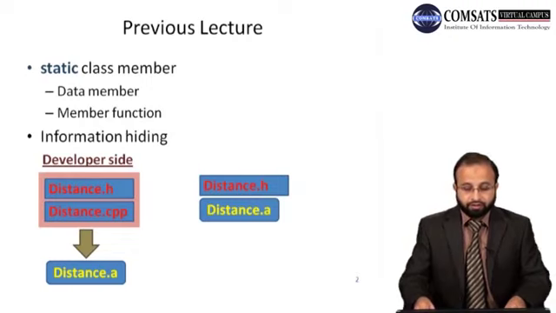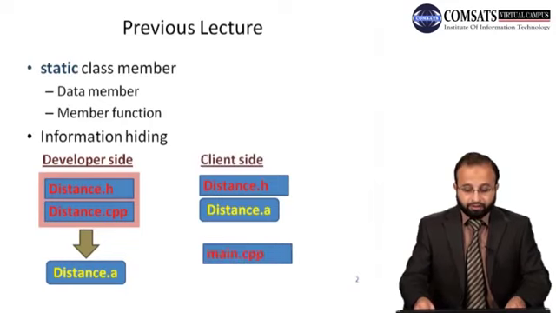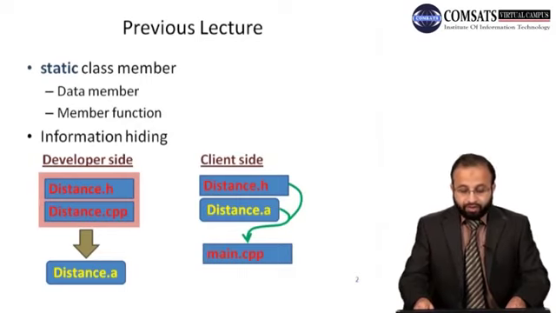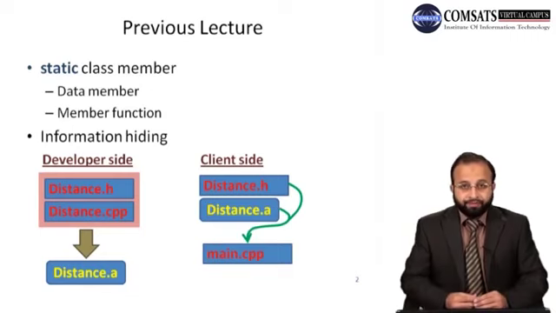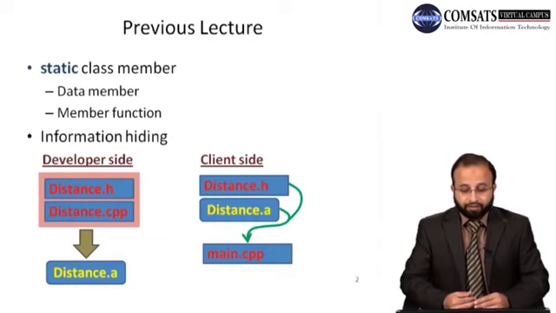So what the client does is basically he uses this file and writes a main.cpp file that contains the main function and uses this library and header file. When he compiles the main.cpp file, he has to include the library path as well. We have seen this in the previous lecture, how we can include this library and a .h file, and then it compiles that file and uses the functionality of the distance class.